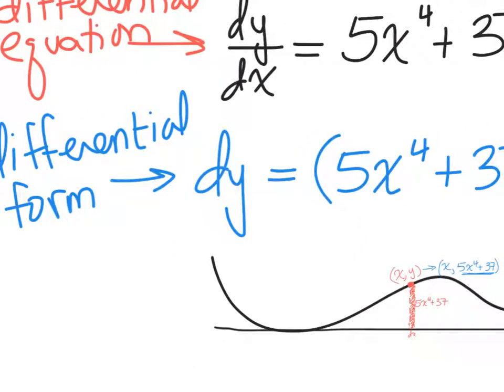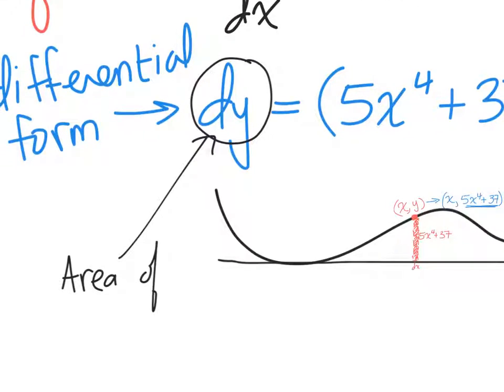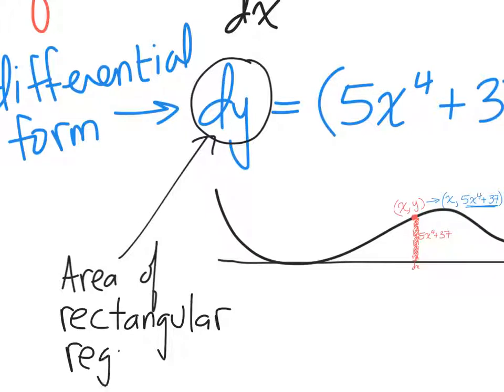That differential form, the dy that emerges from that, is going to be the area of a rectangular region under a curve.